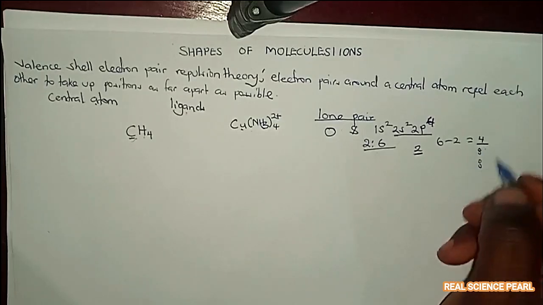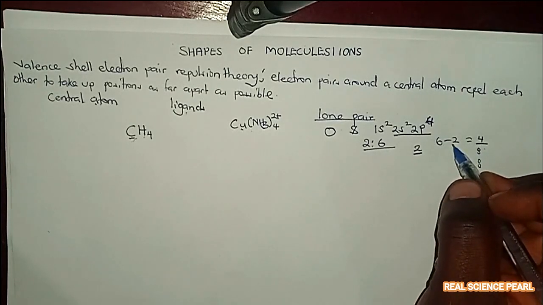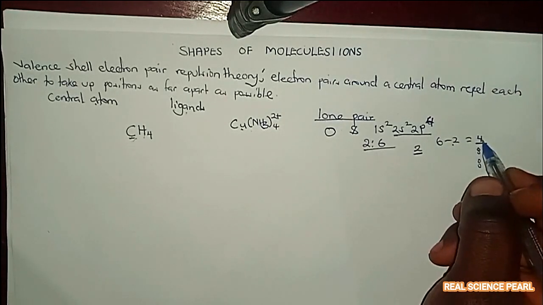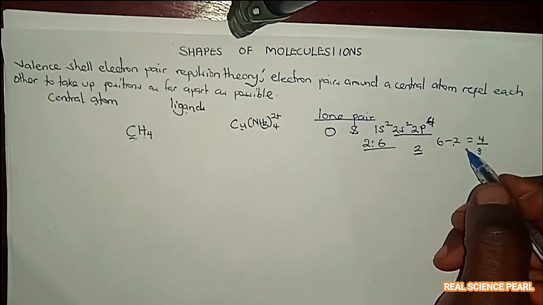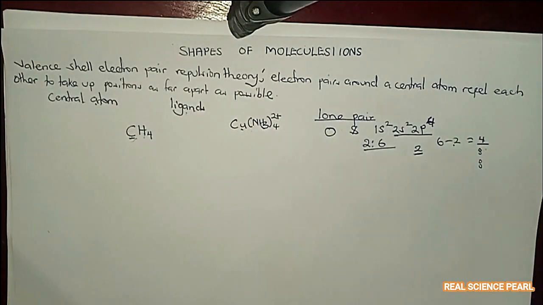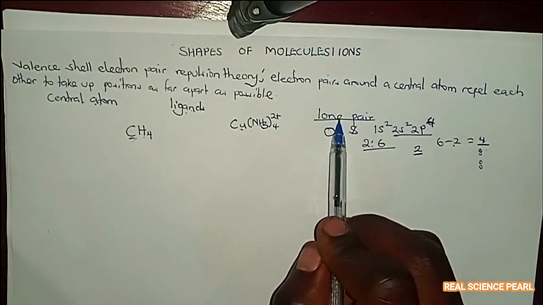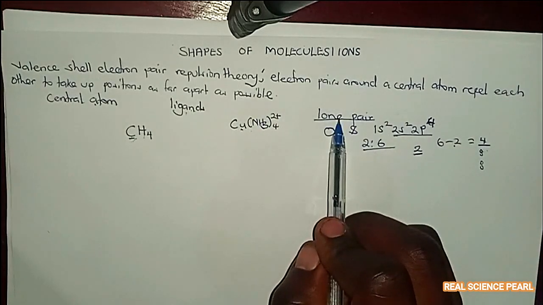We know that oxygen uses only 2 electrons out of the 6, meaning the remaining 4 are what we call the lone pairs. So to come up with shapes of molecules, you need to understand the central atom, ligands, and lone pairs.